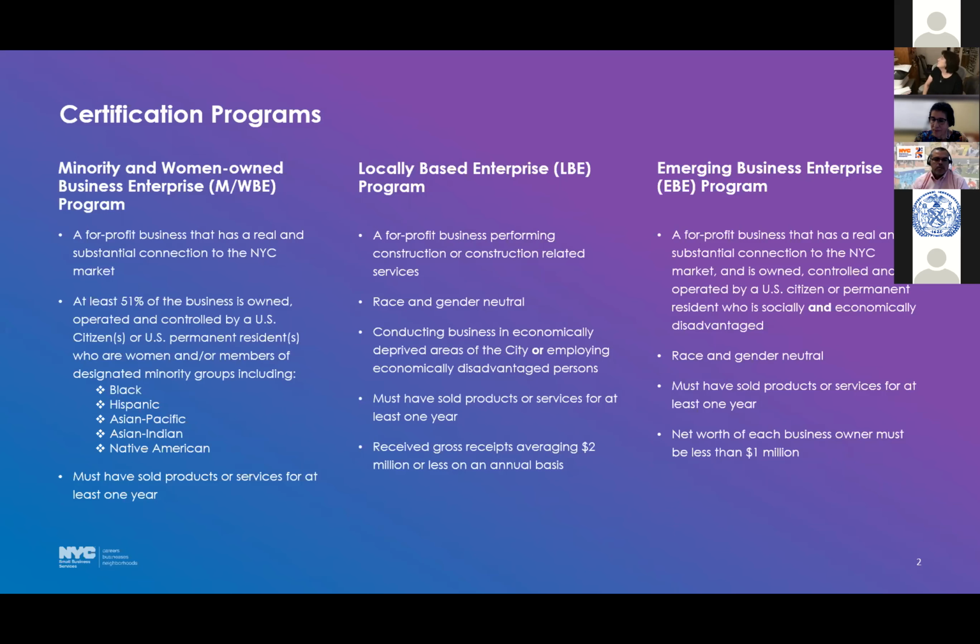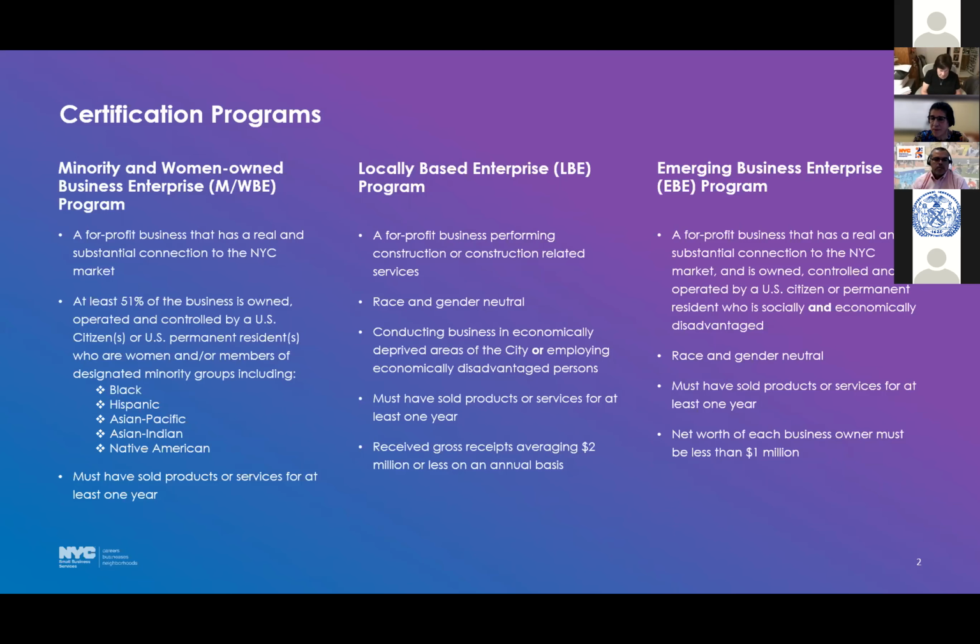One of the most substantial requirements is that you need to conduct business in an economically deprived area of the city, or employ an economically disadvantaged person or persons. Again, you must have sold products or services for at least 1 year, and gross receipts need to average 2 million or less on an annual basis.